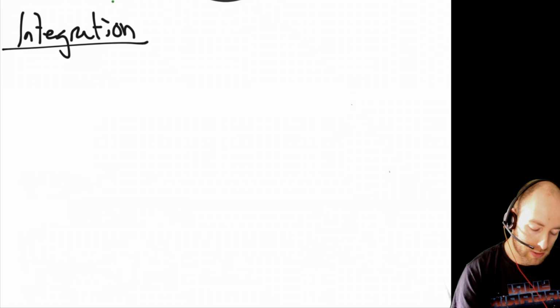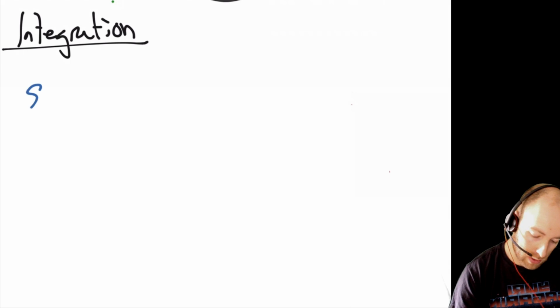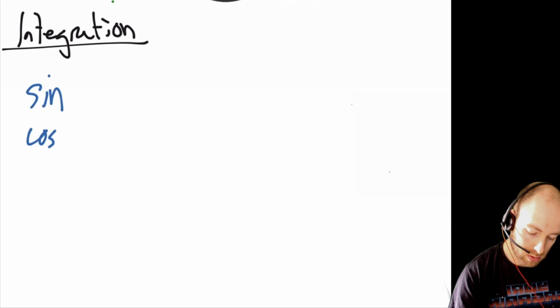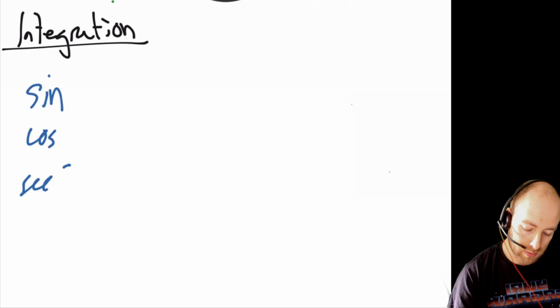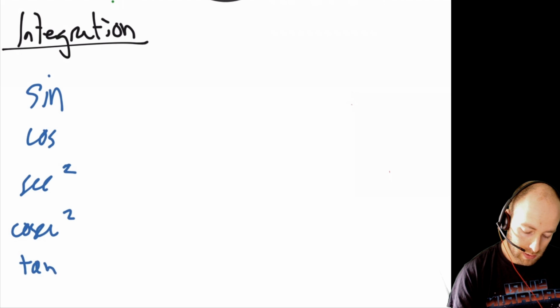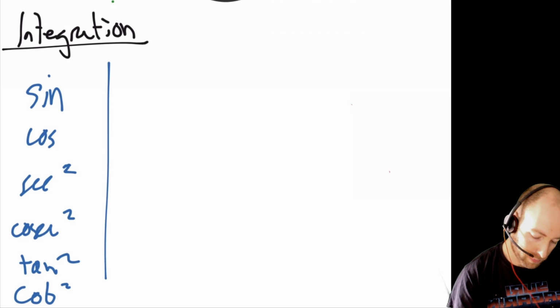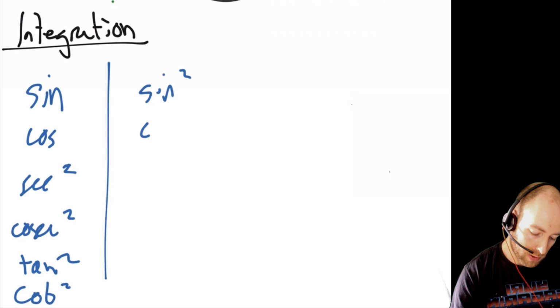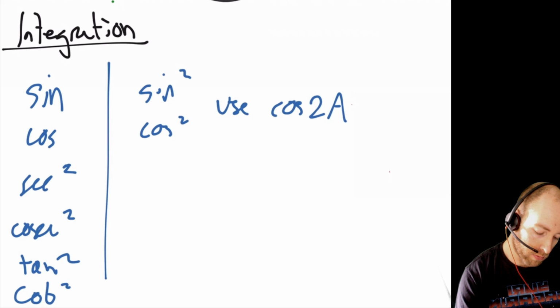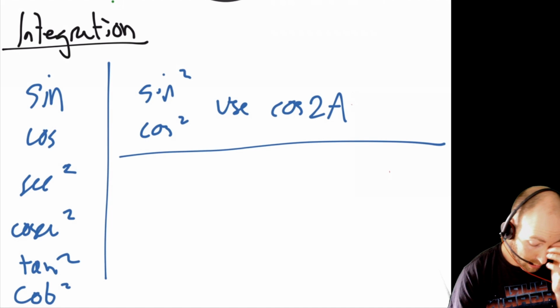So with trig, obviously the things you should just know: sine, cos, sec squared, cosec squared, tan squared, cot squared. Should be easy enough. Sine squared and cos squared, we use cos double angle.